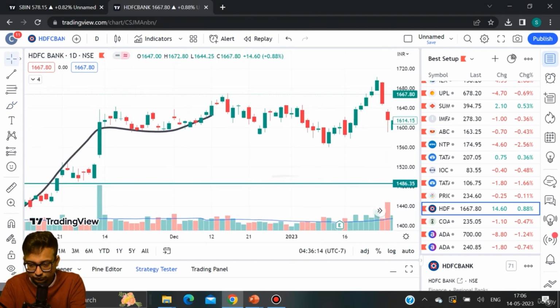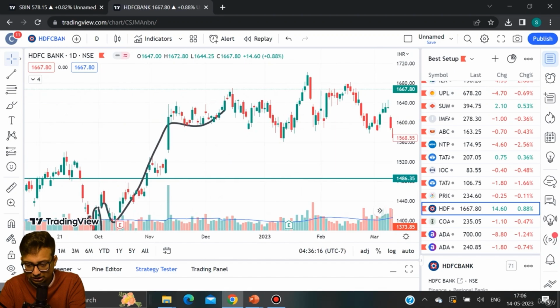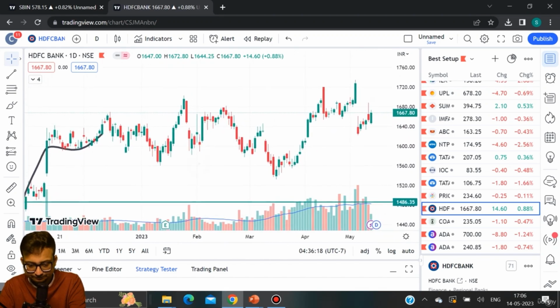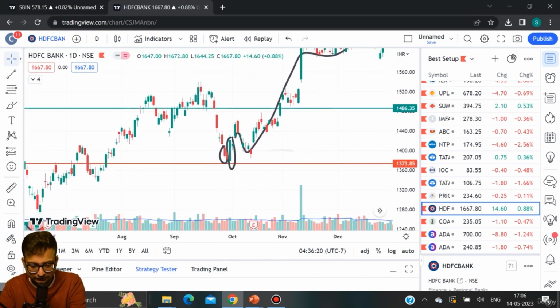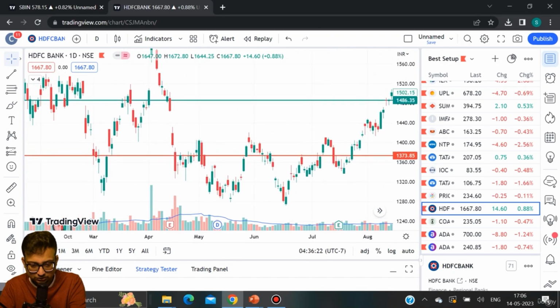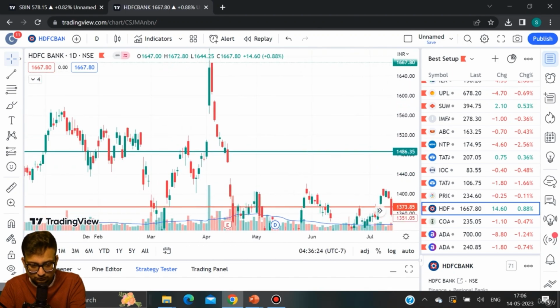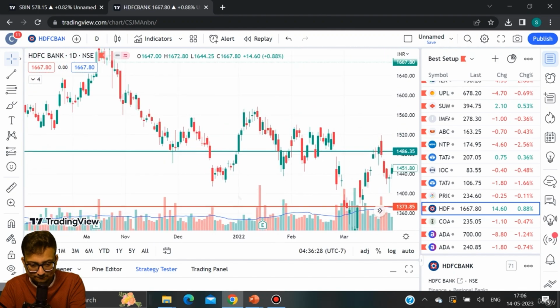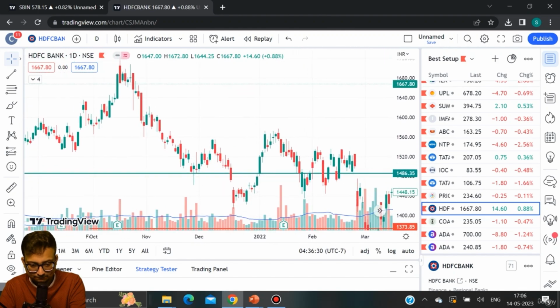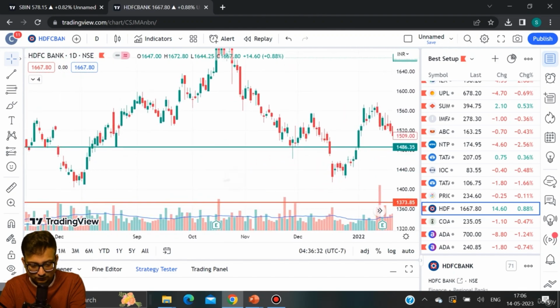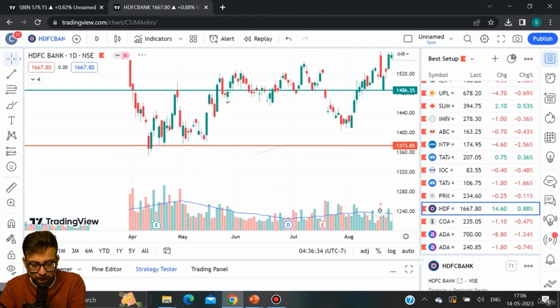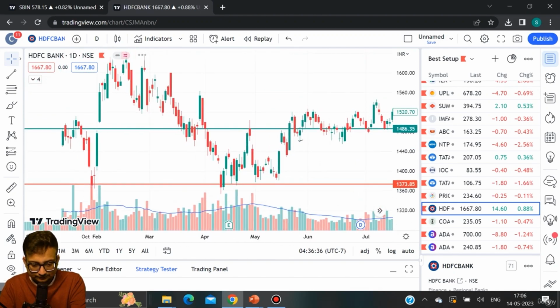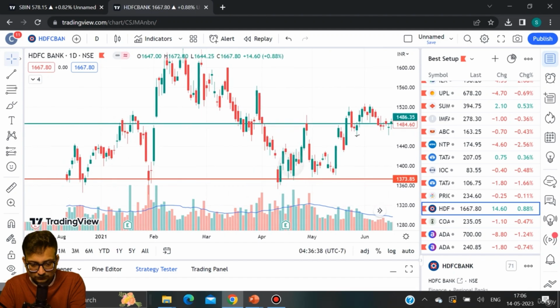Let's try to figure out a bearish candle. One second. Let's go backward. Let's go more backward.